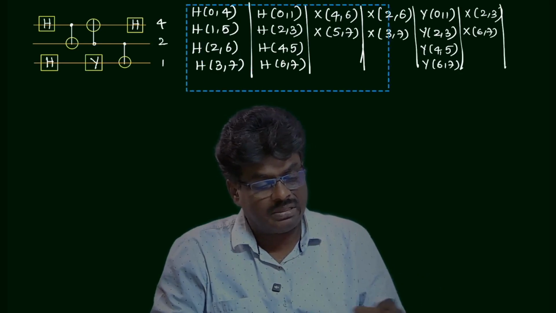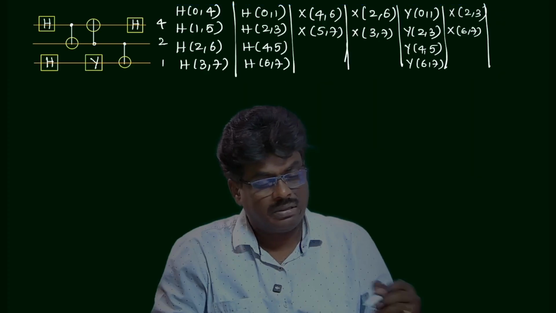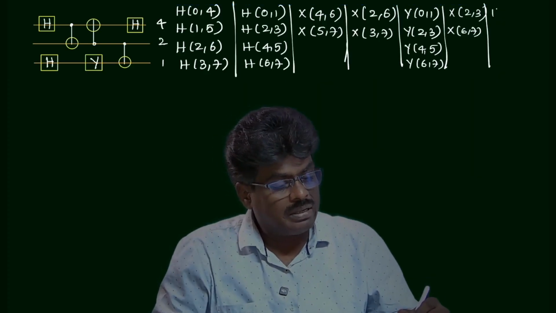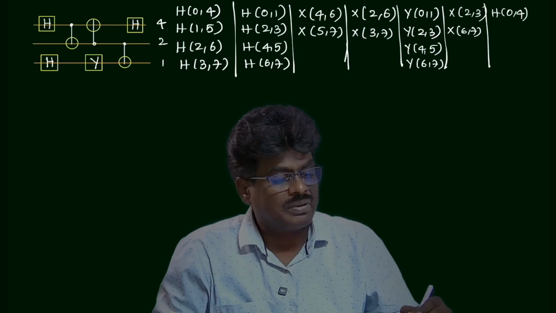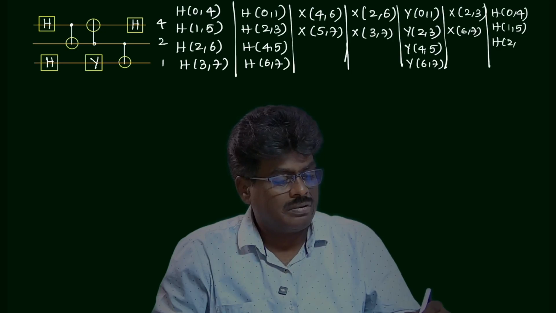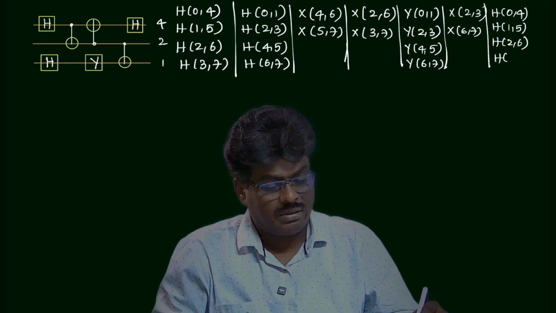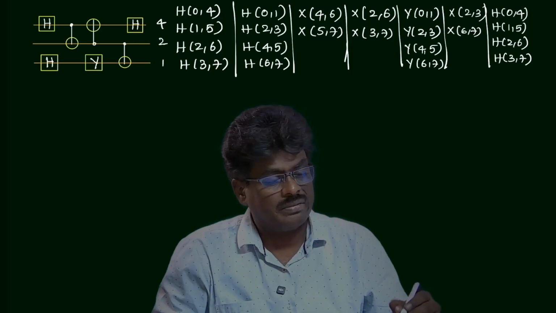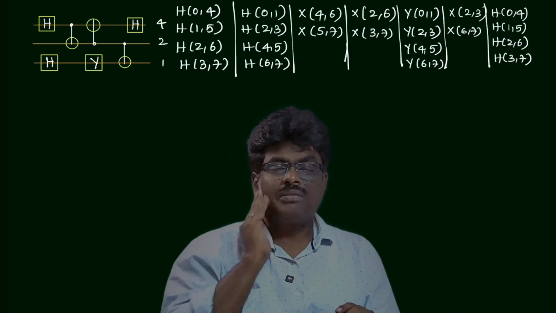Let me take this here, and final Hadamard is on 4. The first one is repeated, 1 comma 5, 2 comma 6, and 3 comma 7. Fine. So everything is ready.